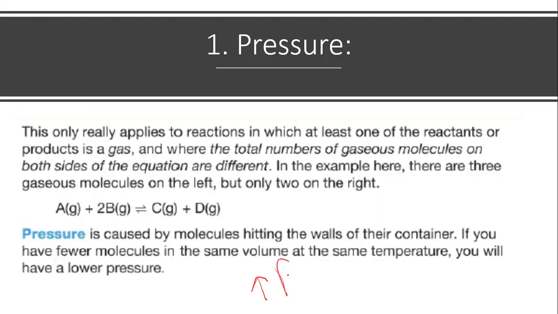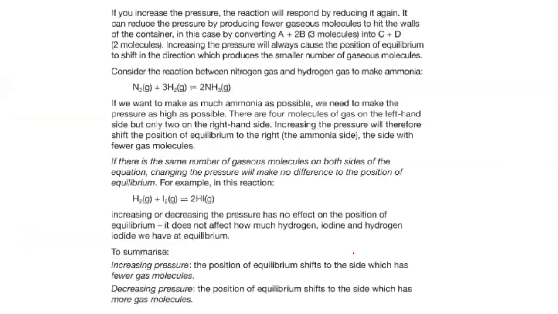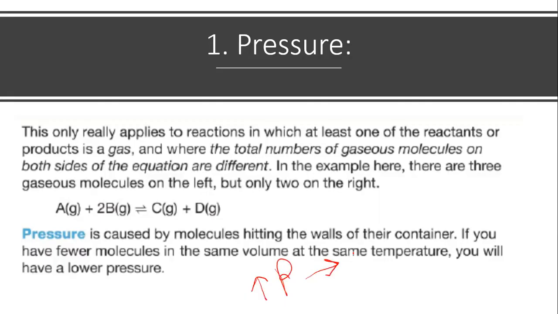When you increase the pressure, the equilibrium shifts to the side where you have less number of moles, less number of molecules. Whichever side of the reaction has less number of molecules, the reaction will shift to that side.